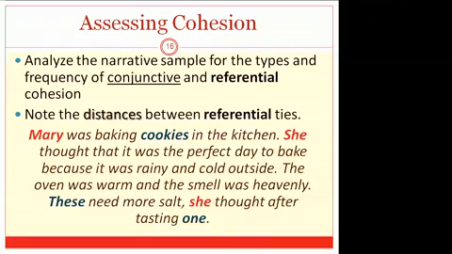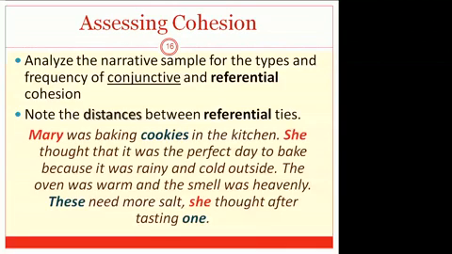In addition, we have the idea of cookie. The idea of cookies is introduced in the first sentence. The speaker or the storyteller refers back to these cookies in the last sentence of the narrative with the demonstrative pronoun these and also one.